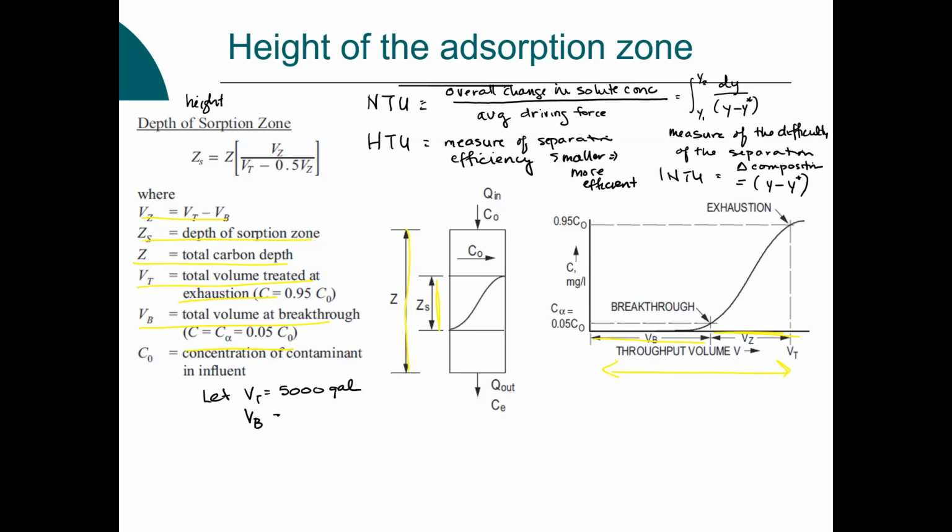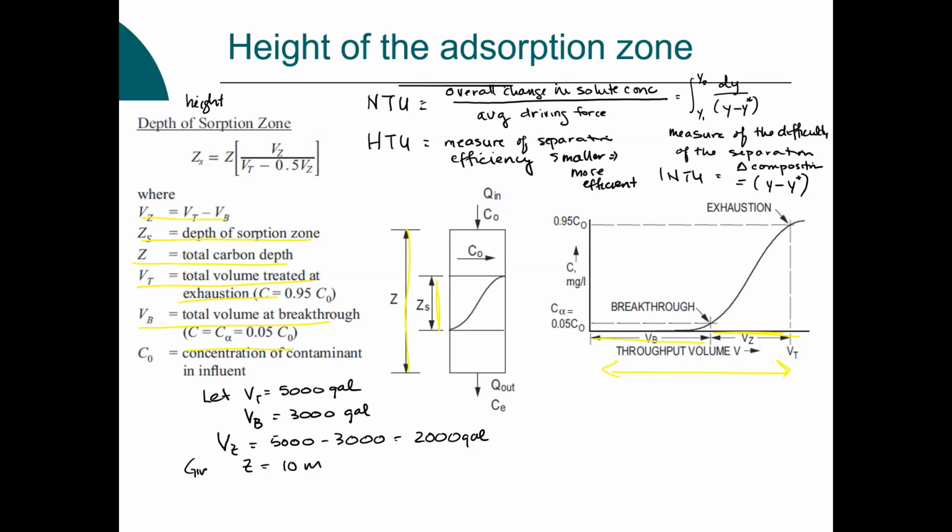V sub B is 3,000 gallons. So at breakthrough, we've treated 3,000 gallons. V sub Z is equal to 5,000 minus 3,000, or 2,000 gallons. Let's say the height of the column is 10 meters.